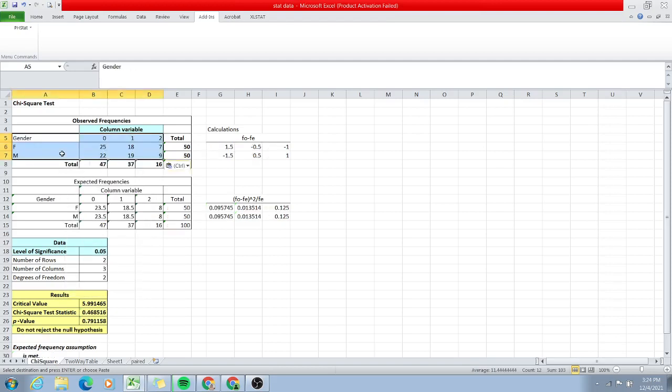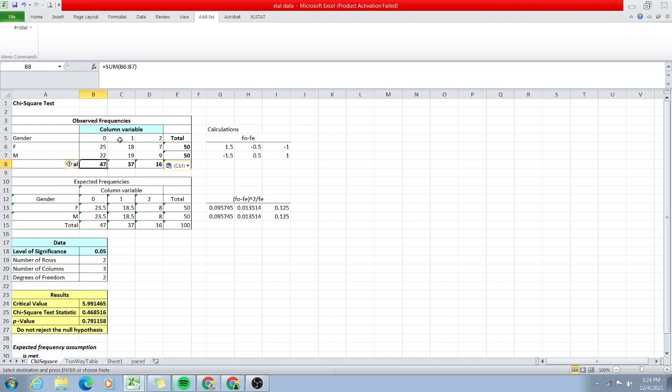The first table is the table for observed frequencies, and the second table is the table for expected frequencies. Here, it implies that there are 27 females who do not smoke and 22 males who do not smoke, a total of 47 participants who are not smoking.